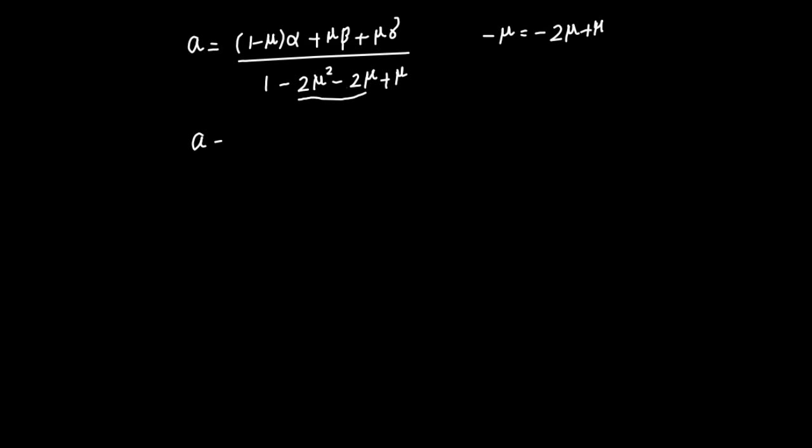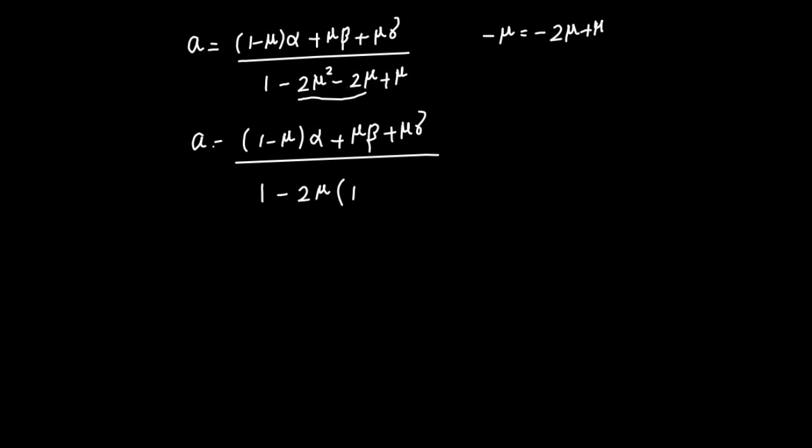A is equal to 1 minus mu times alpha plus mu times beta plus mu times gamma, whole divided by 1. I can pull minus 2 mu outside from these two terms. I'll be left with mu plus 1, plus mu.